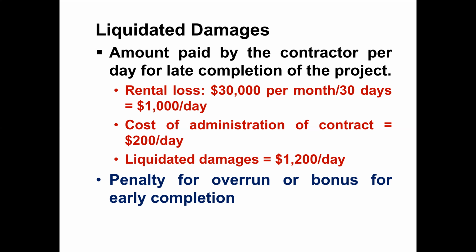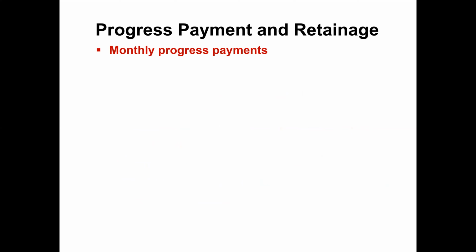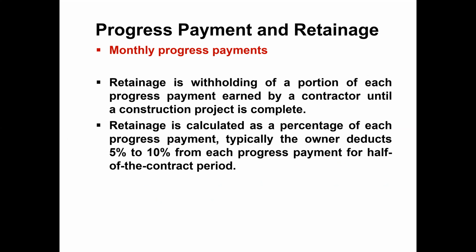So among the issues during the construction phase, we discussed liquidity damages. Let's move next, towards the closing: progress payments and retainage. Next, an important issue during the construction phase is the progress payment and retainage.